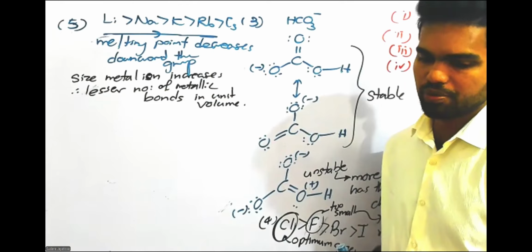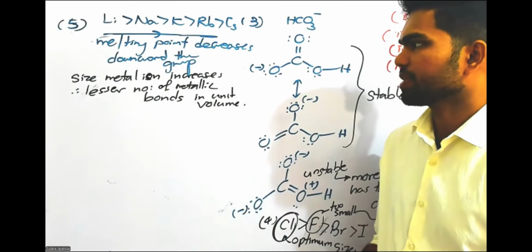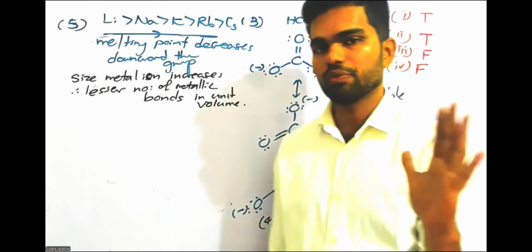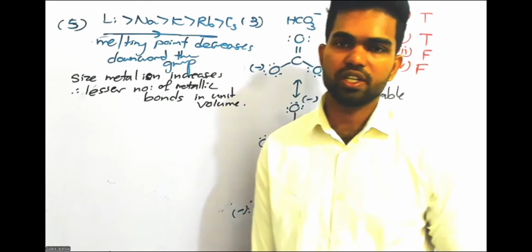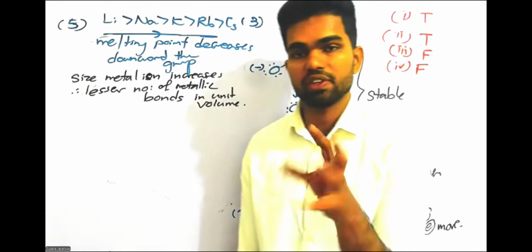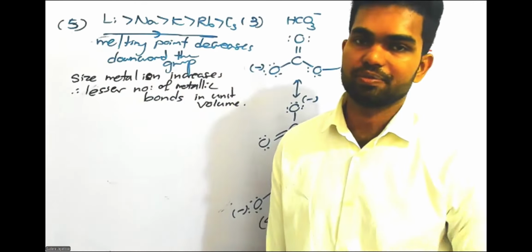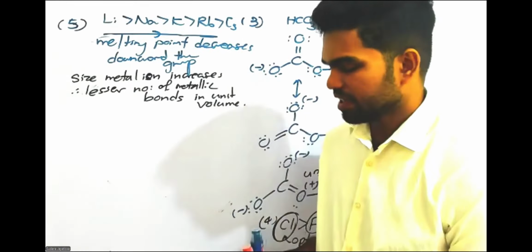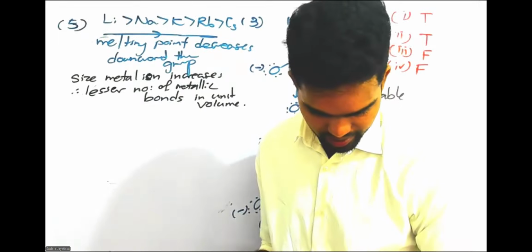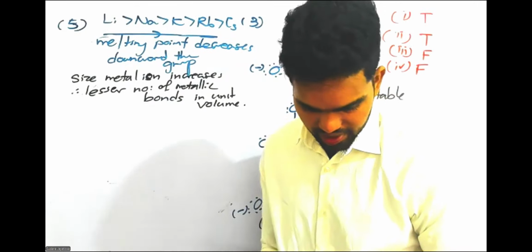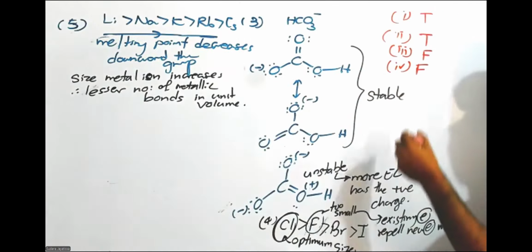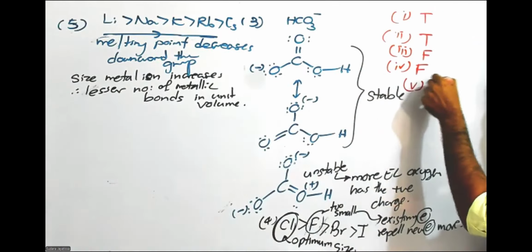Okay, so that is the problem. So melting point of group 1 elements decreases downward the group. Lithium, the one with the smallest size, is the one with highest melting point. Okay, so the fifth one is, yeah, correct. It says lithium is higher than sodium. That is true.